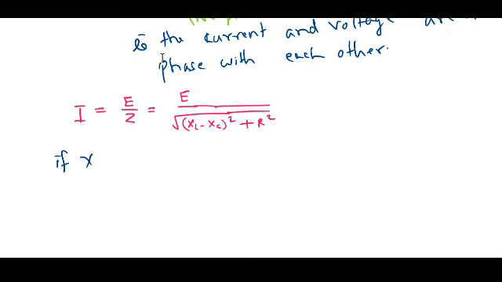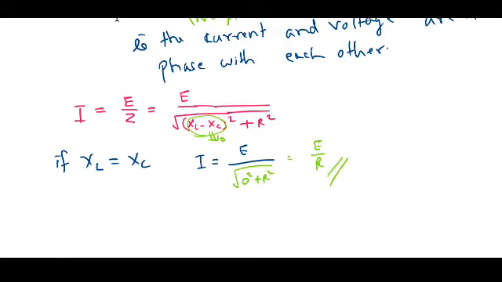Then if XL is equal to XC, this term goes to 0. Therefore this will be E by root of R square, which is nothing but E by R.